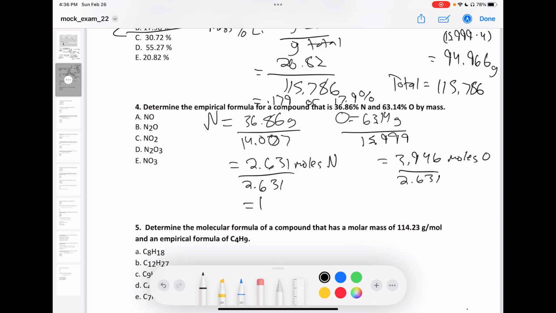With this we get 1, with this we get 1.5. So then we know that we can write this as the subscript of 1 for N, and then for oxygen 1.5, but we want, for the empirical formula, we want whole number subscripts. So you multiply everything by 2, and then you get your empirical formula is N2O3, and then that's D.